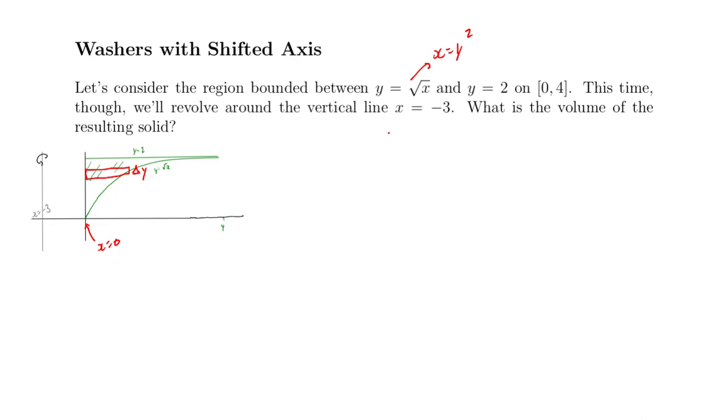So when we set up our washer, we're going to have something that looks like this. But we need to be a little bit careful when we draw our picture of our cross section with the faces. Because when we think about radii, our inner radius is clearly not 0, and maybe less clearly our outer radius is not y squared. What you'll notice is that y squared is this distance right here.